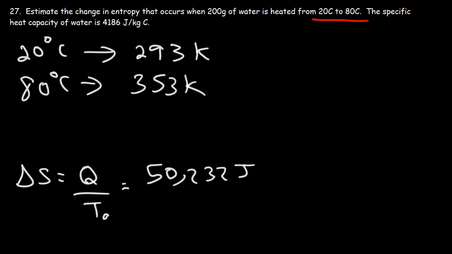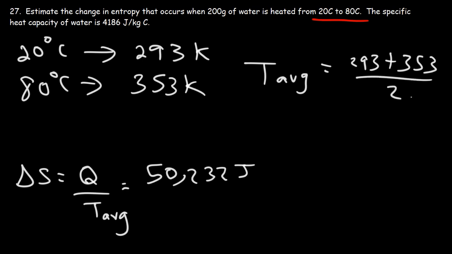So what we're going to do is use an average temperature. And so this is going to approximate the change in entropy. So let's add up these two numbers, and then let's divide it by 2. So 293 plus 353, that's 646 divided by 2, that's 323 Kelvin.